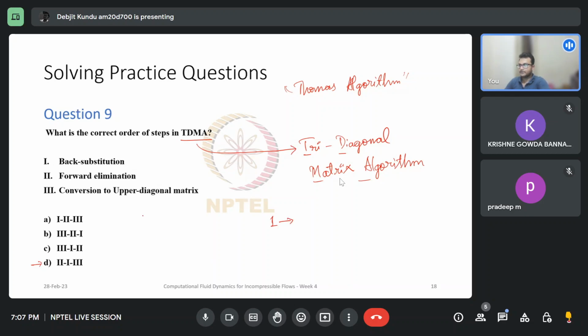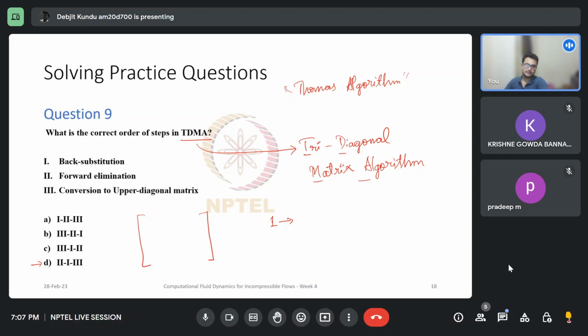So, to begin with, what is a tri-diagonal matrix? Can anyone answer? This algorithm cannot be applied anywhere. We can apply it to only some specific matrices which are known as tri-diagonal matrices. How to identify a tri-diagonal matrix?